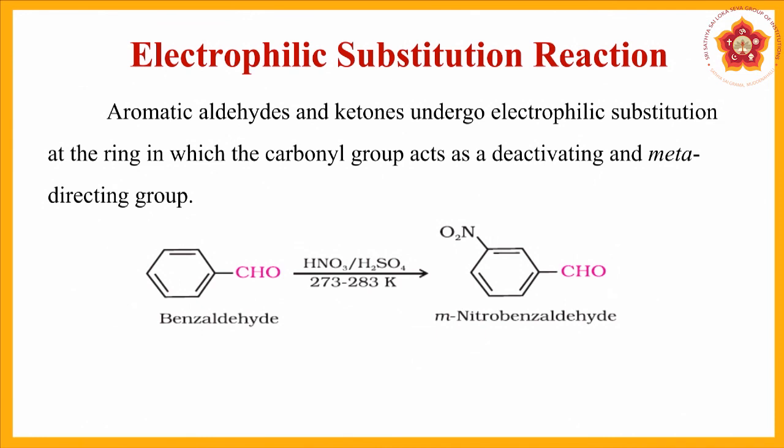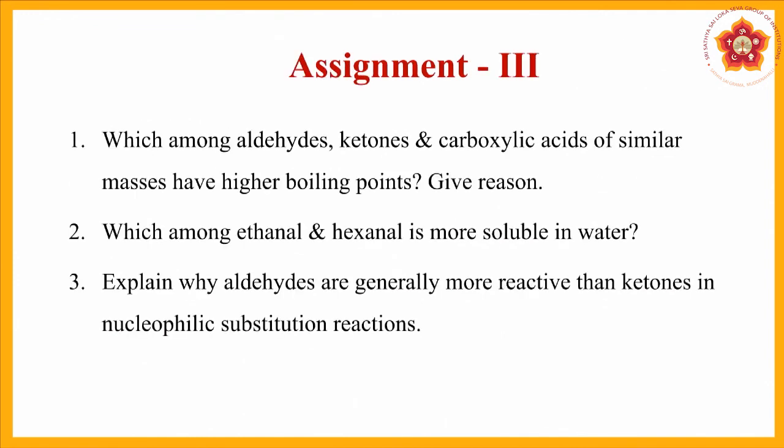So, this is about various reactions that can be encountered in the aldehydes and ketones part. And now let us see an assignment: which among aldehydes, ketones and carboxylic acids of similar masses have higher boiling points? Consider any example, you just have to say which has a higher boiling point among these three types, and give a reason for it.